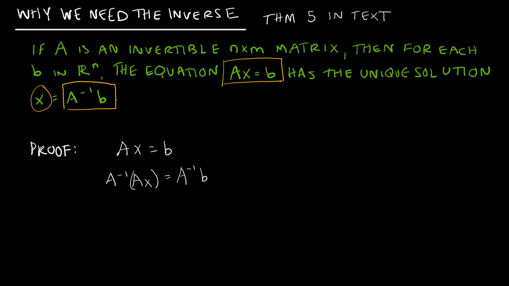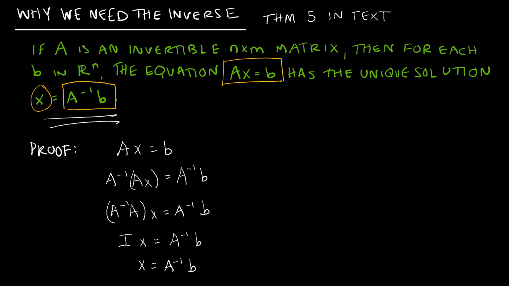I'm just going to regroup these by the associative property: inverse of A times A, times x, equals A inverse b. The inverse of A times A, we've talked about that property, is just the identity. So the identity x equals A inverse b. And that just means that x equals A inverse b, which is what we were told.